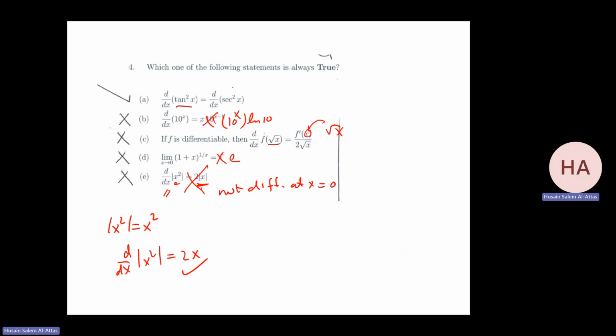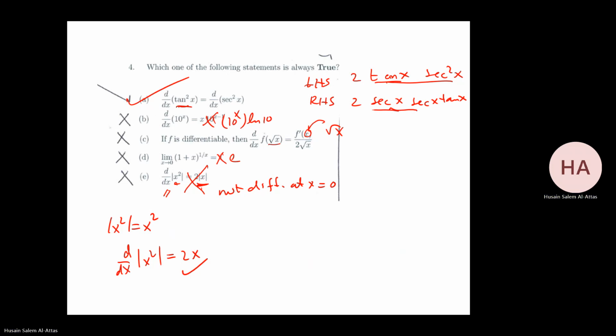What's the derivative of, let's say, the left-hand side? The derivative of tan squared is 2 tan x times the derivative of tan, which is secant squared x. Right-hand side, it will be 2 secant x times the derivative of this, which is secant tan. I have secant squared times tan, all times 2. So this is correct.